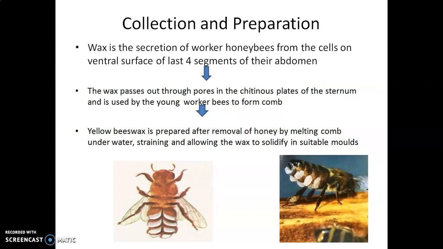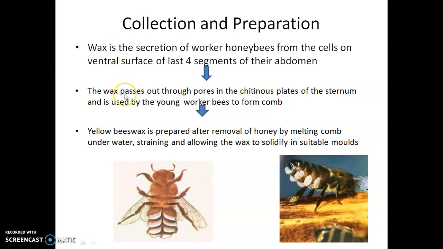Wax is secreted by worker bees in the cells on the ventral surface of the last four segments of their abdomen. In this image you can see the last four segments of the abdomen, 1, 2, 3, 4, which secrete this wax. Here you can also see the secretion of wax.